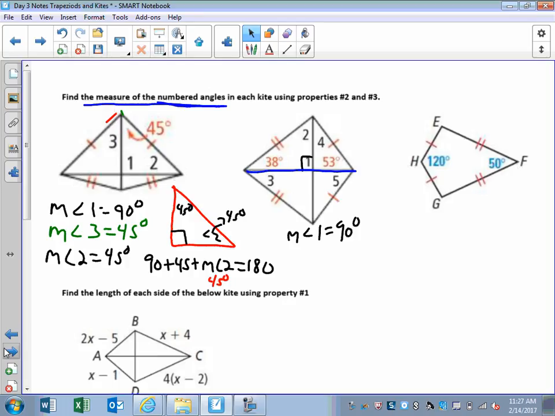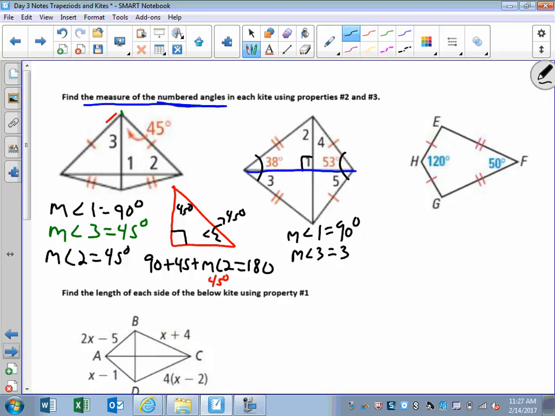So it's cutting these 2 angles in half. Okay. So that means if up top is 38, number 3 is also going to have to be 38. Okay. Same thing for number 5. If up top is 53, that means at the bottom is also going to have to be 53.